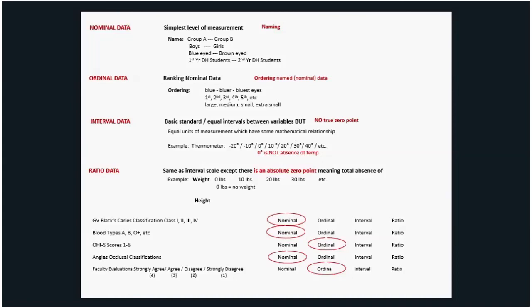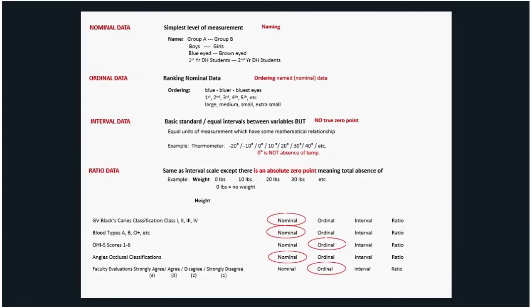Now, faculty evaluations, where you have to select strongly agree, agree, disagree, or strongly disagree. When we look at strongly agree, these things are all subjective information. You can't take this and plug it into a computer. What you have to do with this is quantify it. You have to assign something.